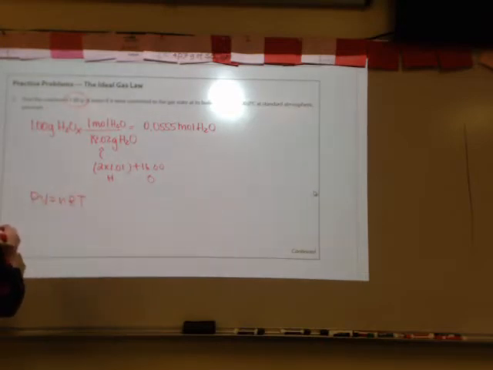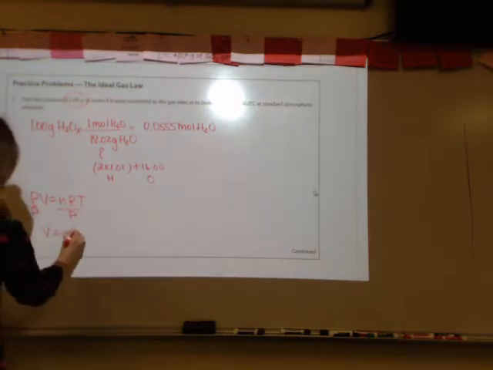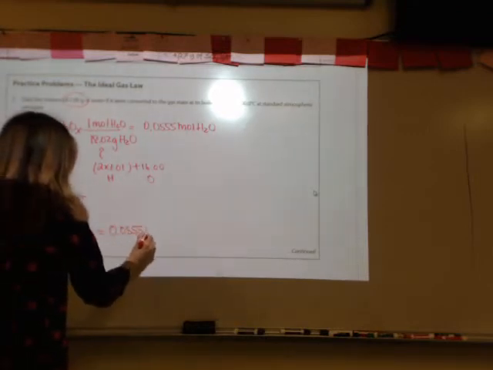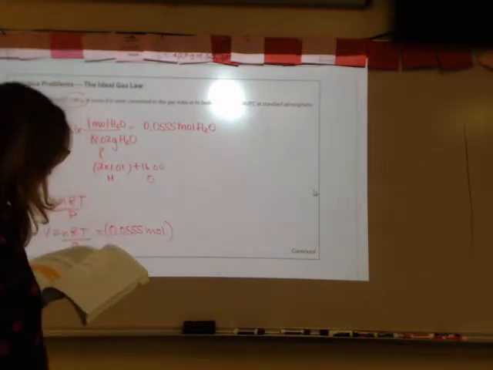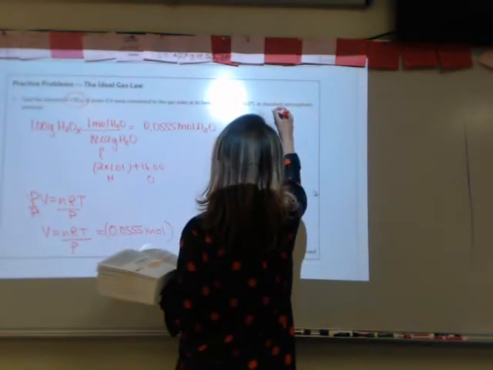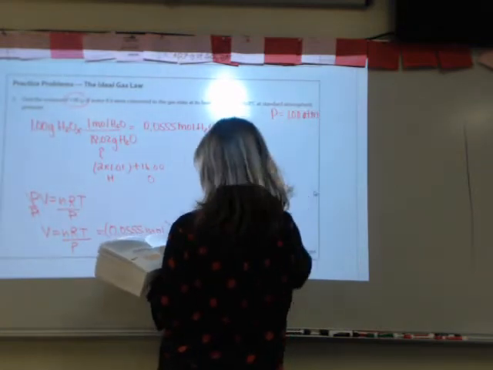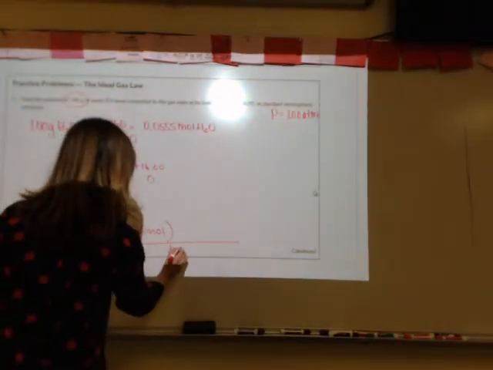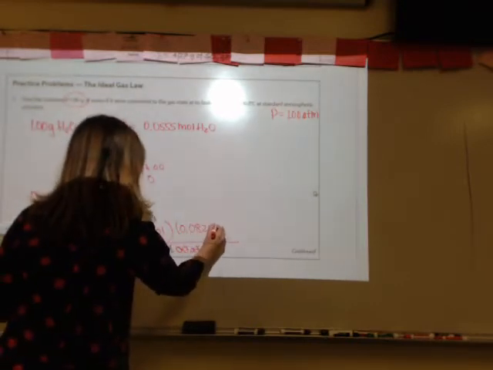So if I'm looking for the volume, divide by P on both sides, you're going to get V equals nRT over P. Put 0.0555 in for N. Since we are at standard atmospheric pressure, I'm going to use a pressure of 1 atm. Then I need to figure out what R value has atm in its unit, and that is 0.0821.